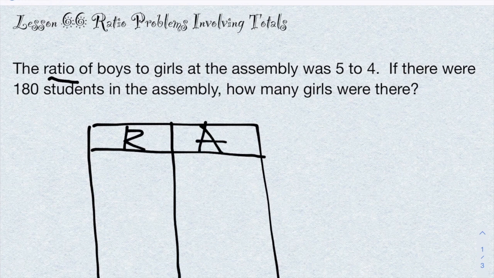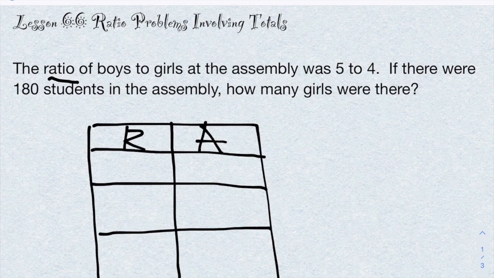So we have our ratio box on our left, and then our A is our actual on our right. But instead of doing our usual two different boxes on each side, we're going to do 3. 1, 2, 3, and they're not even. What's different is that this one actually has a total.